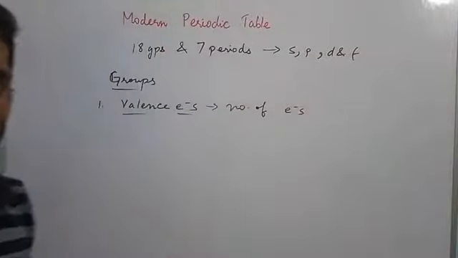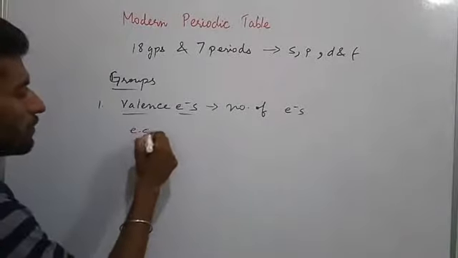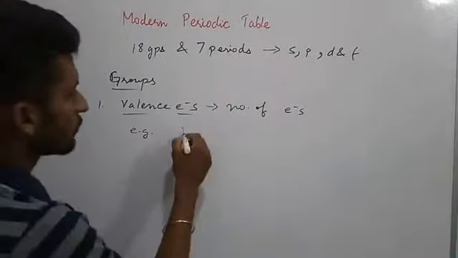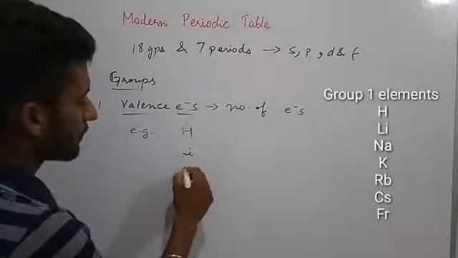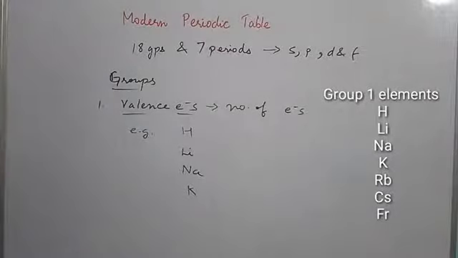So number of electrons in a particular group, like if we take the example of first group elements, so first group elements are hydrogen, lithium, sodium, potassium, rubidium, cesium and francium. Now I am writing here only the 4 elements.